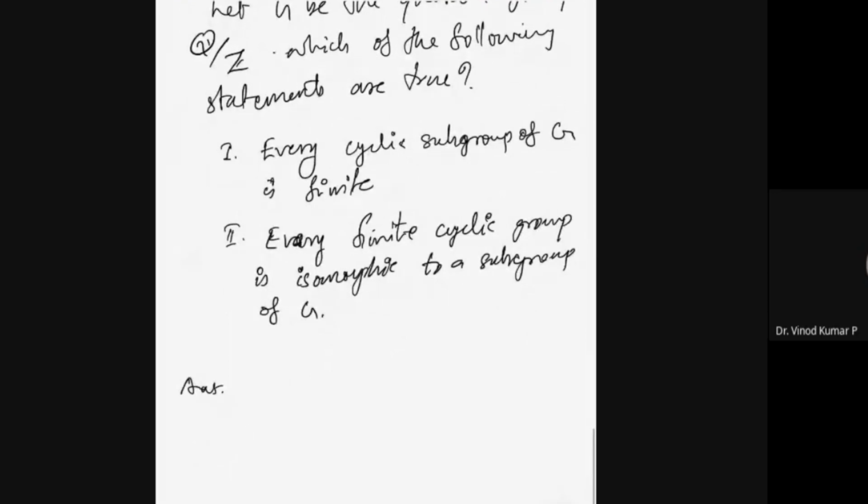Somebody commented an answer. Yeah, he said both are true. Okay, let's see how to do this.